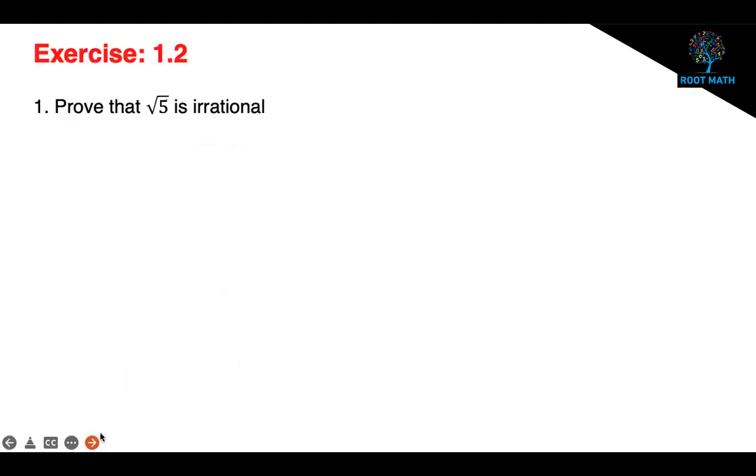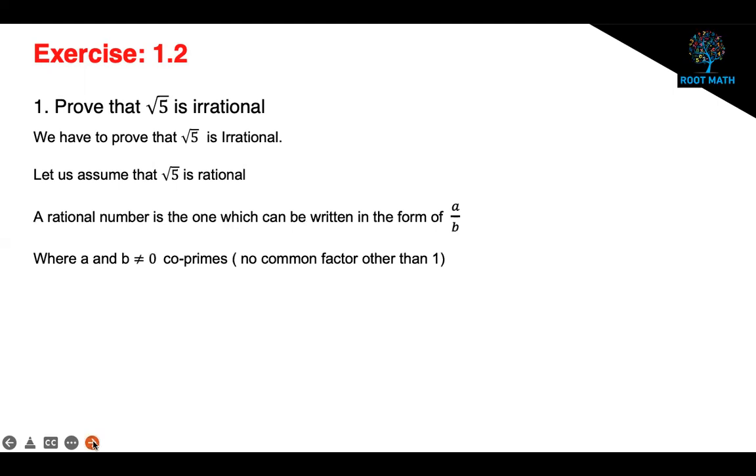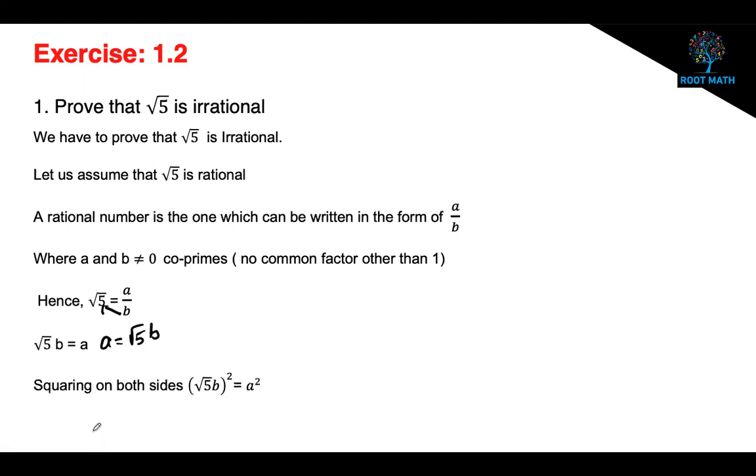Okay. Next is exercise 1.2. Prove that root 5 is irrational. Just keep the steps we have written in the root 2 and root 3 irrational problems. Follow the same steps. First, assume that root 5 is rational. Since root 5 is rational, it is equal to a by b, and a and b are co-primes and b not equal to 0. Root 5 equal to a by b, so a is equal to root 5 b. Now, squaring on both sides, root 5b the whole squared is equal to a squared.